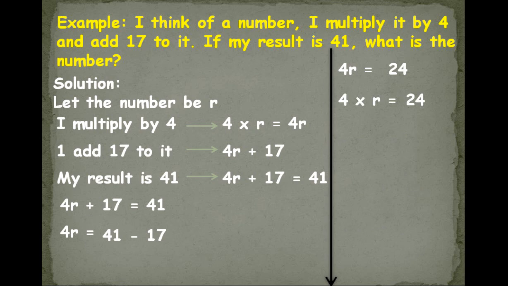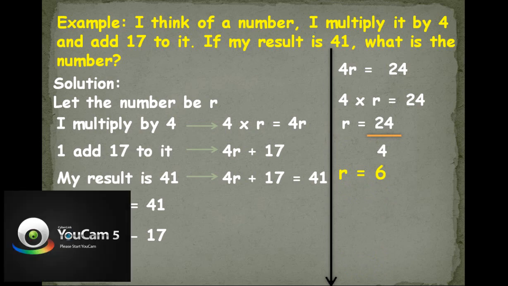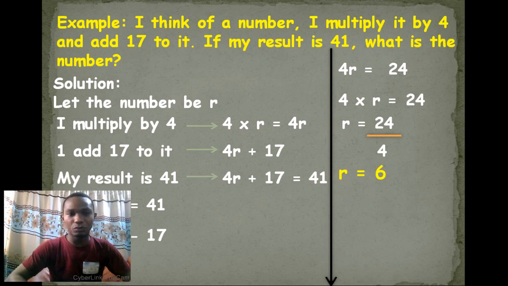Still the same equation. The opposite of multiplication is division. Then my R is equal to 24 divided by 4. My R is equal to 6. Then when you try it, you see you still get the same thing, right?